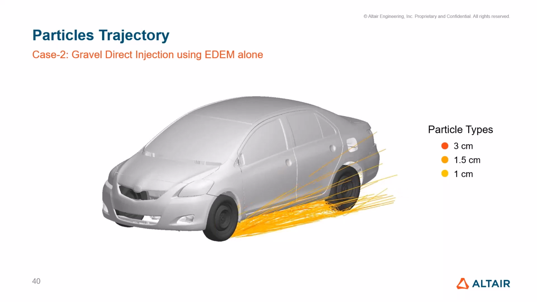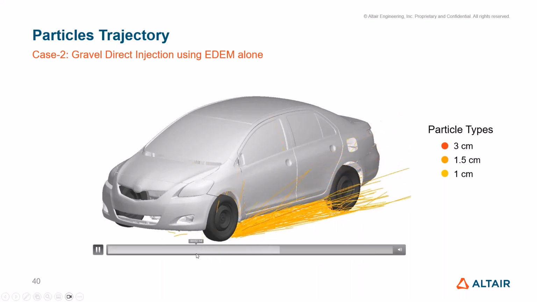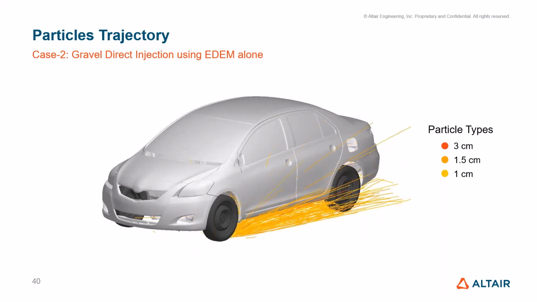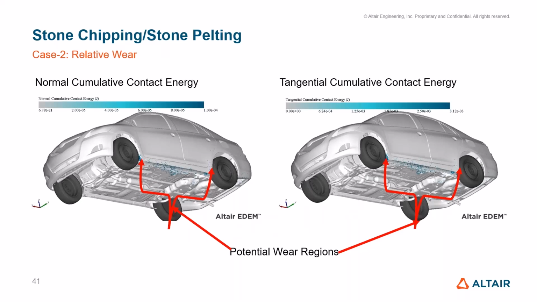Here you can see that we can also try to understand or predict the trajectory of different particle sizes. In this case, 3 centimeters, 1.5 centimeter, and 1 centimeter particle size. After injecting the gravel, the trajectory can be understood after impacting the underbody and subsequent parts. So this is the wear based on the relative wear contact model. So the potential wear regions we can see due to the gravel injection.